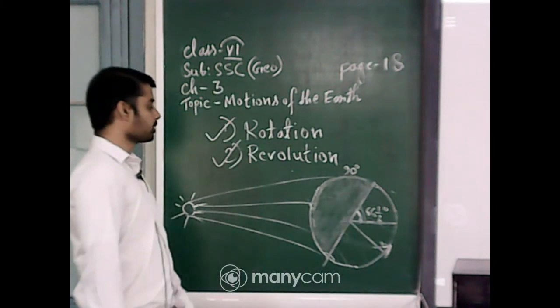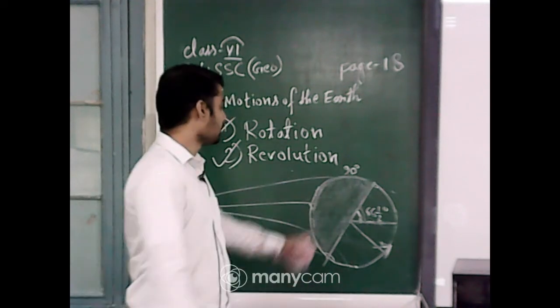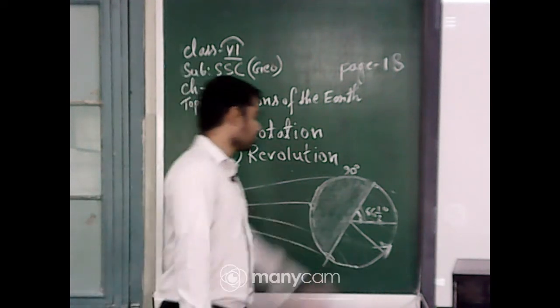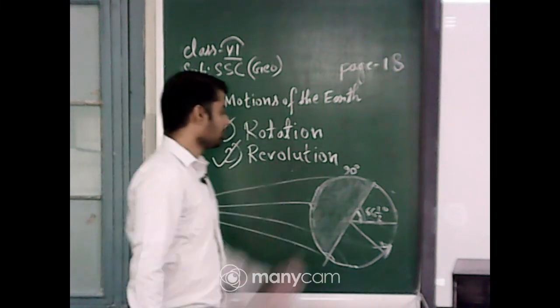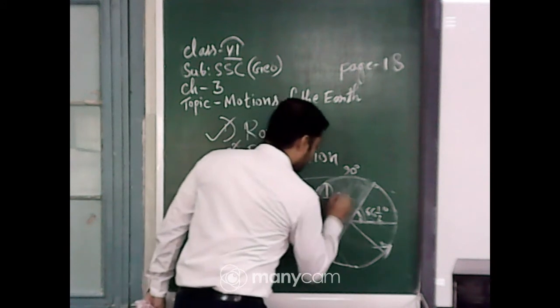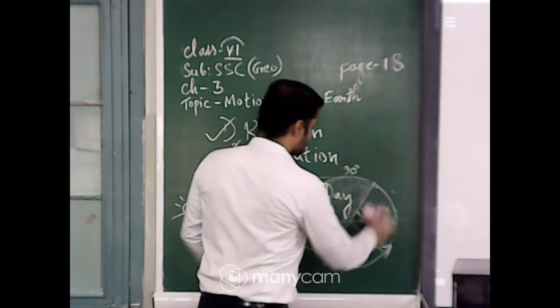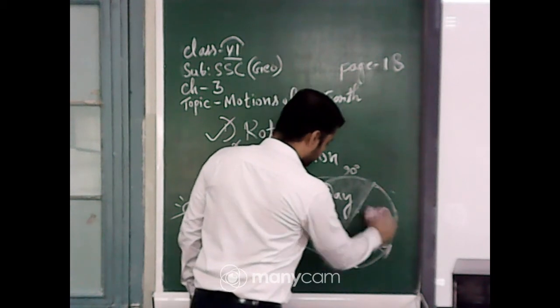Only one side is illuminated by the sun, and the other side is completely dark. The illuminated side is called day, and the dark side is called night.